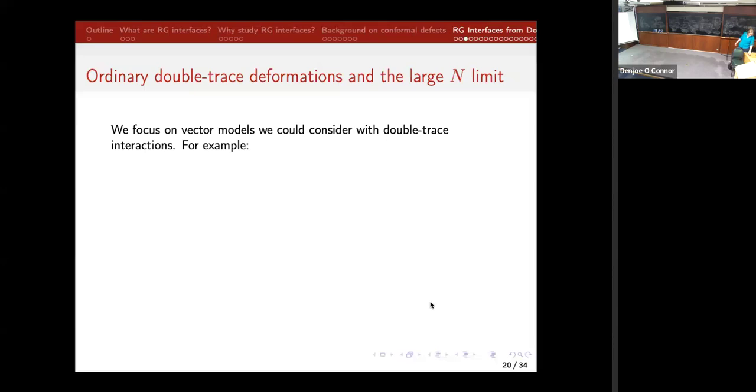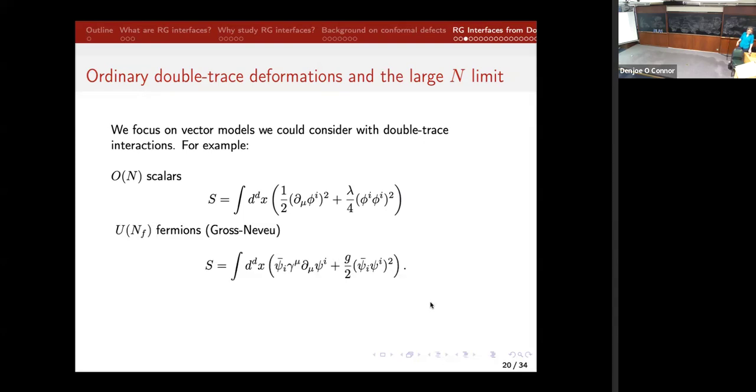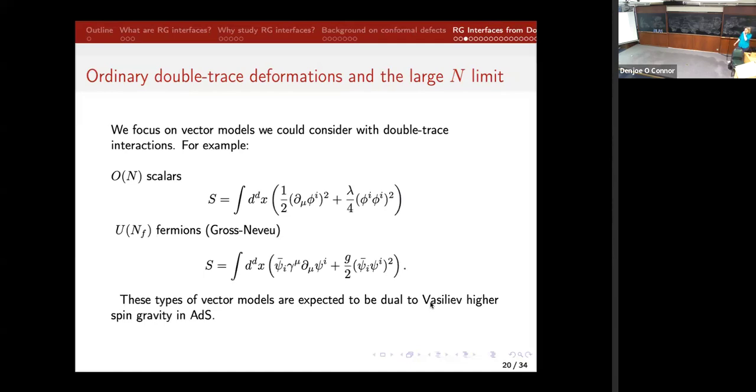We could consider double trace deformations in the O(N) model, phi_i squared, or in Gross-Neveu, psi-bar psi squared, which you can argue whether it's justified to call a double trace deformation. These vector models are expected to be dual to Vasiliev higher spin gravity in AdS.